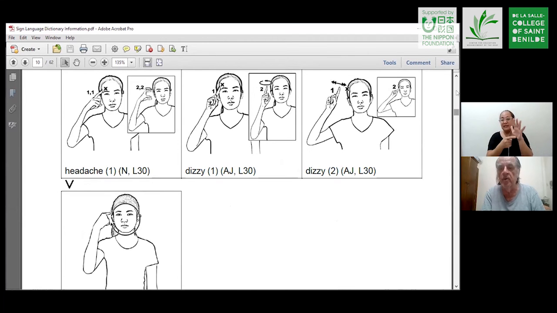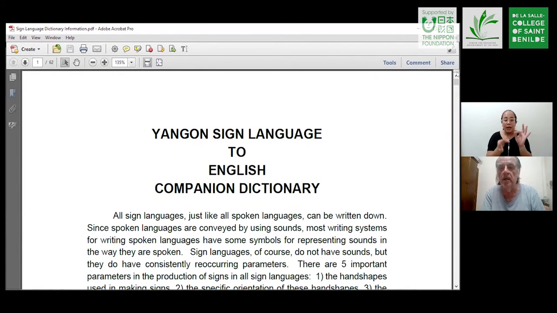So when you're figuring that out, just remember, you don't always need orientation. You don't always need both palm and finger orientation.